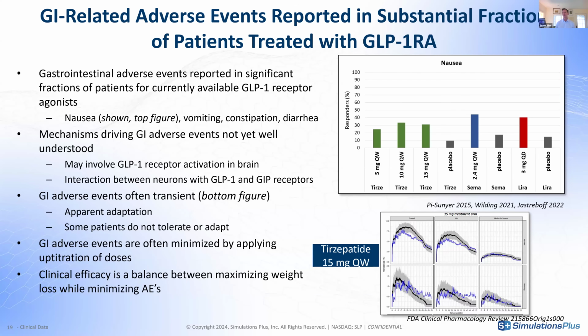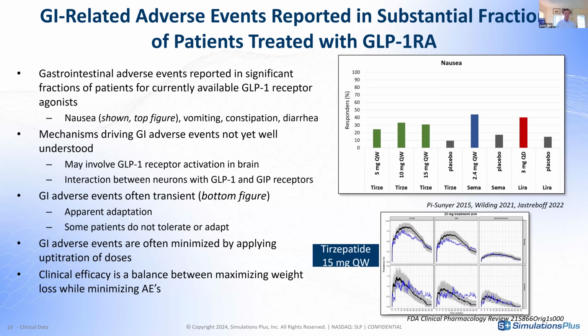Again, there's something of a tolerance that's established. And that is a design consideration for us. It's also what allows these drugs to be effective and have a relatively high retention in terms of patients staying on them.